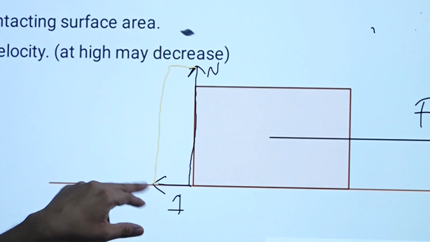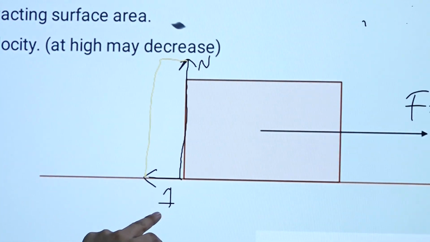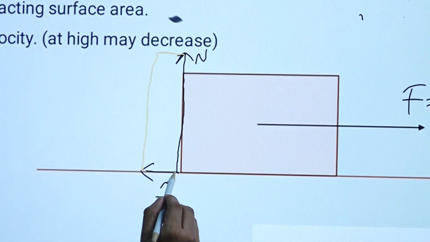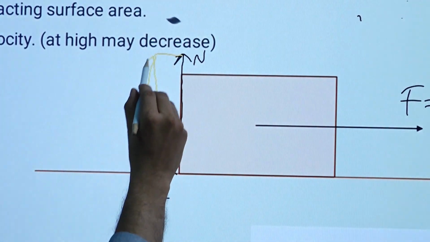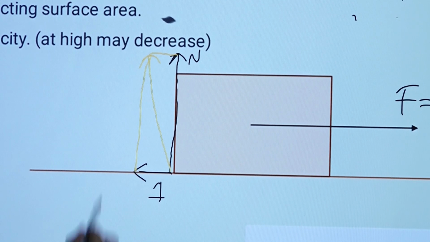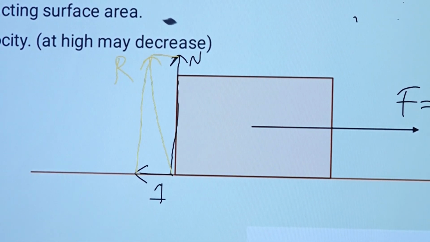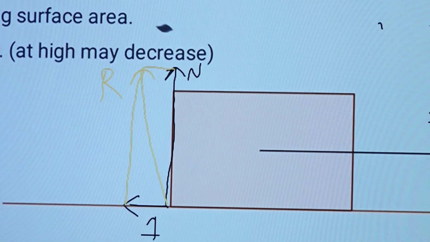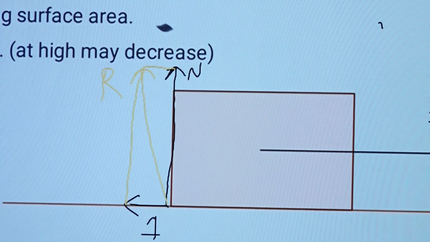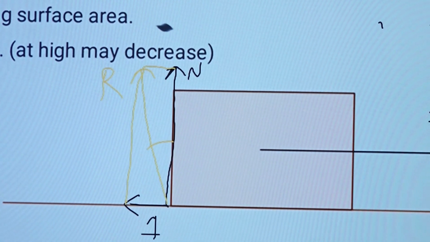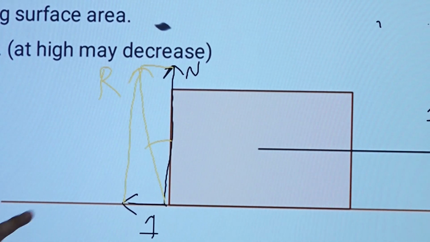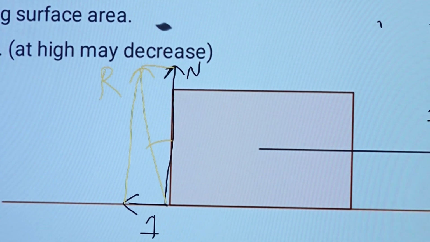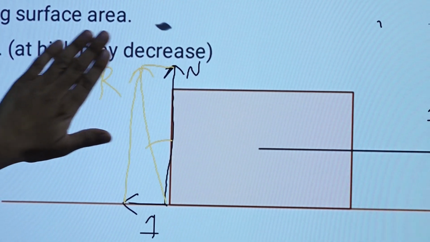This is a rectangle and we can find the resultant of the frictional force and the normal force. This R is nothing but the resultant of the normal and frictional force, and this angle is called the angle of friction at this point of time.